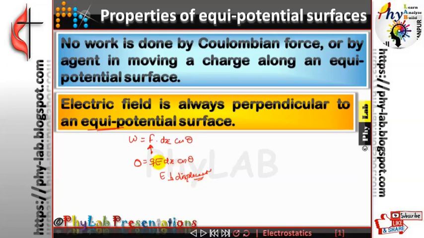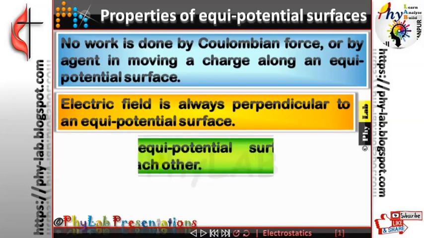So the electric field will always be perpendicular to equipotential surfaces, friends, because force will always be directed in the direction of electric field. Remember my earlier discussion, behavior of charged particle in electric field. That is the reason why electric fields are perpendicular to equipotential surfaces.